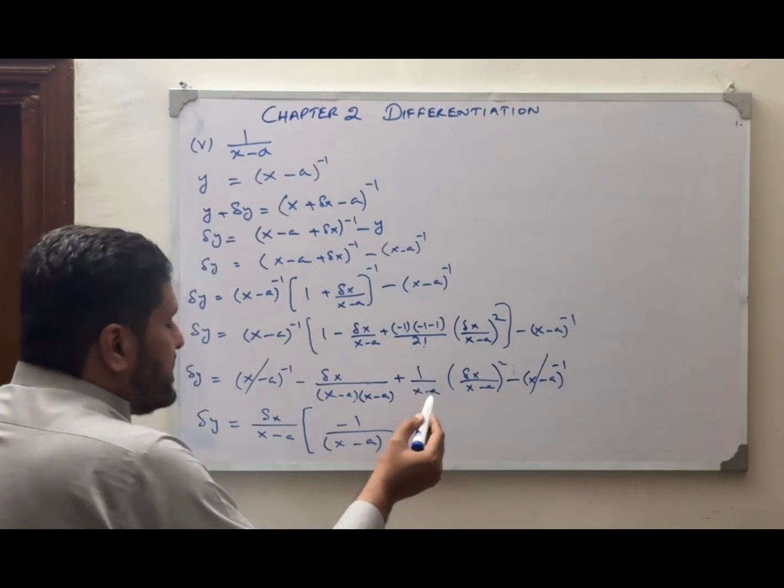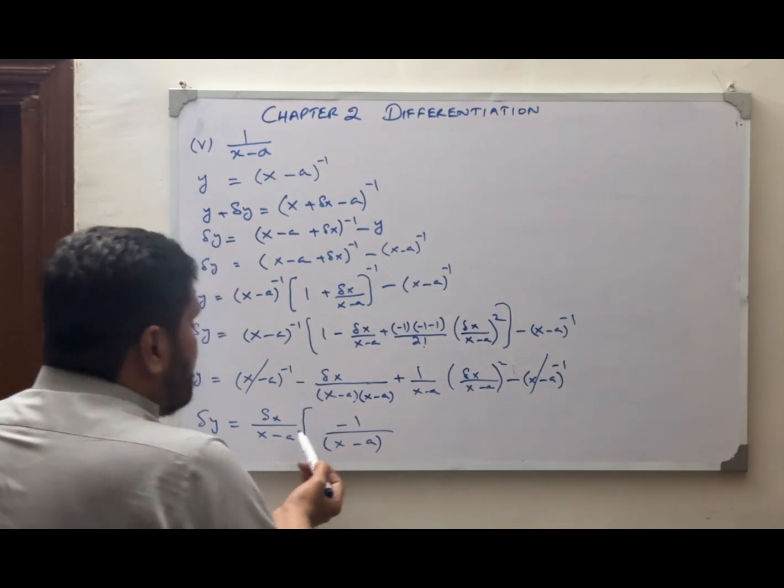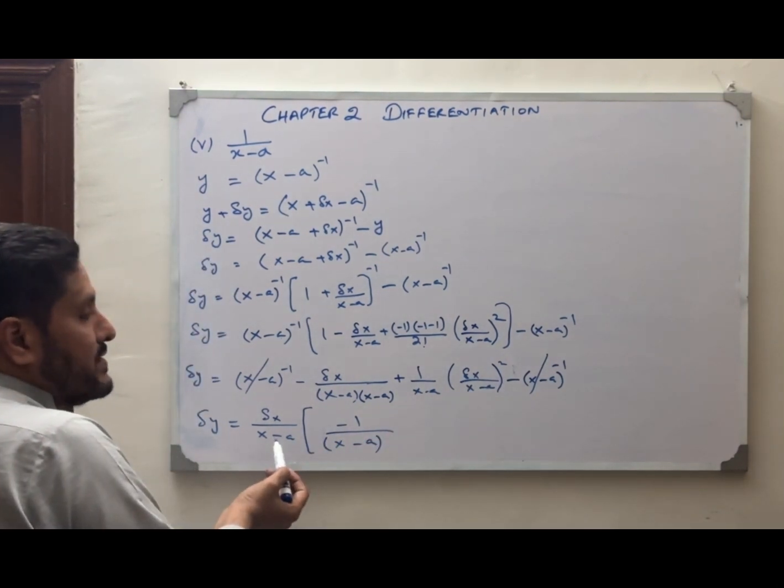and for this one we have taken common x minus a, so this is taken as a common.